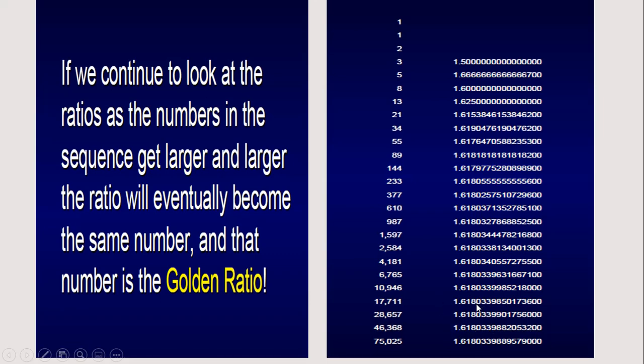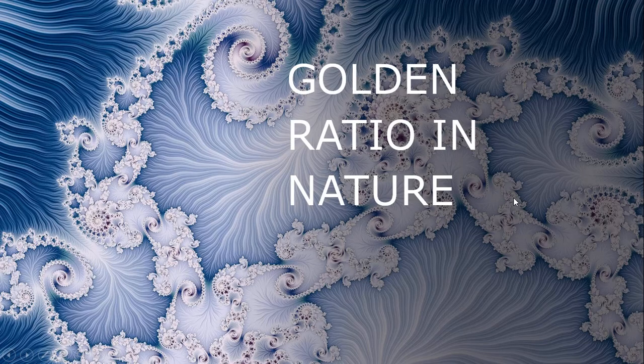If you're going to reduce it or round it off, that is what we call the golden ratio. That's why the golden ratio is 1.6180033 and so on.